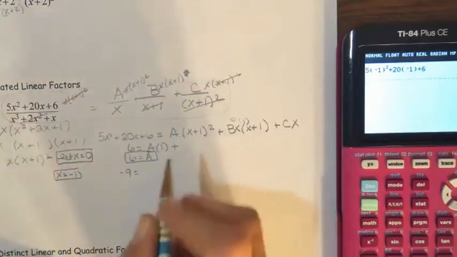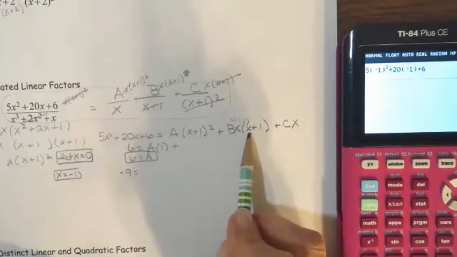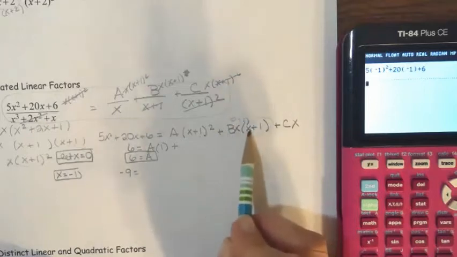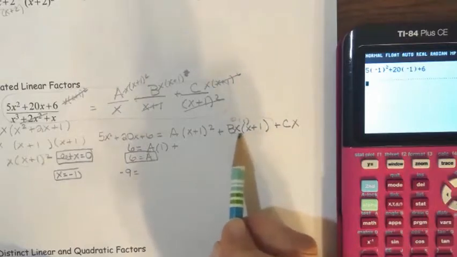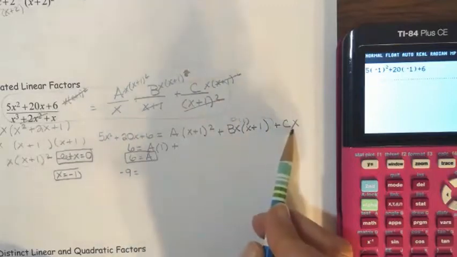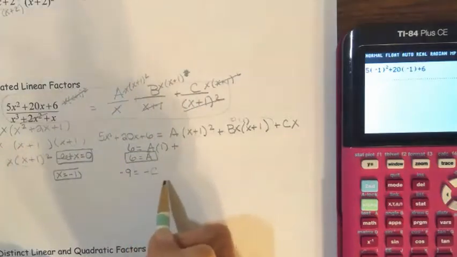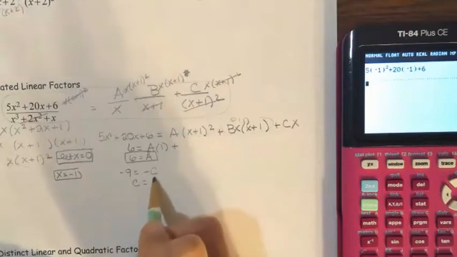So that means this term is gone. And then if I let x be -1 in this particular term, I get -1 plus 1 is 0. Doesn't matter, 0 times anything is going to be 0, so that term's gone. And then I have c times -1, so I get -c. So then c equals 9.